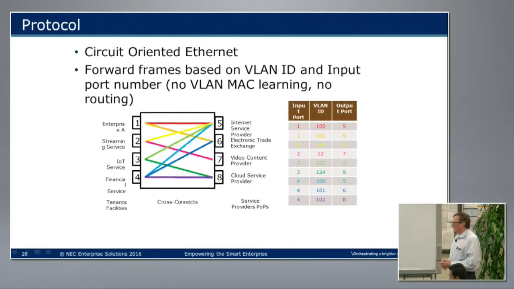So first of all, let's take a look at the protocols that are run in the meet-me room. There are several ways to implement this. Many companies today implement this using MPLS routers. They take all the traffic, put MPLS labels on it, and then they have a bunch of routers in the meet-me room that forward the data.